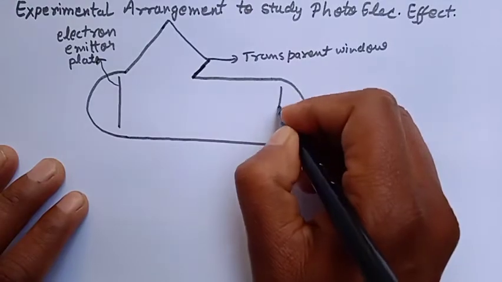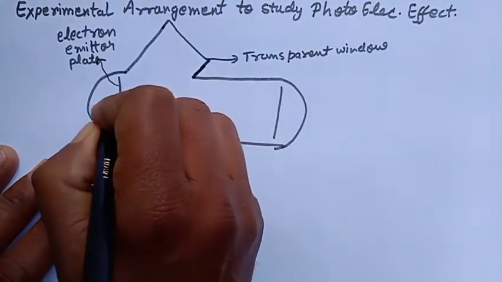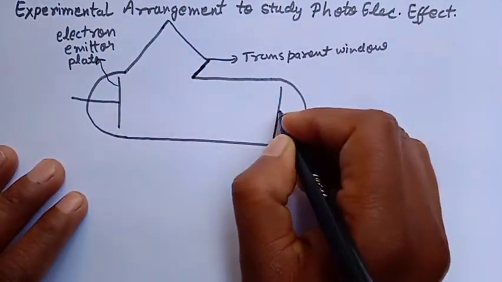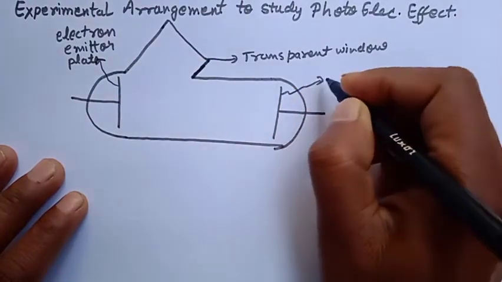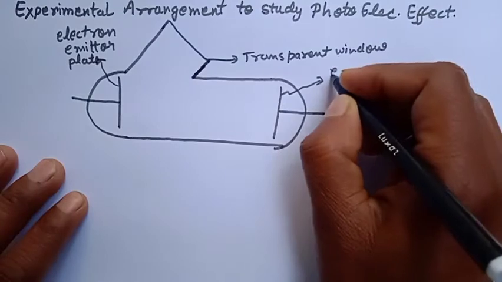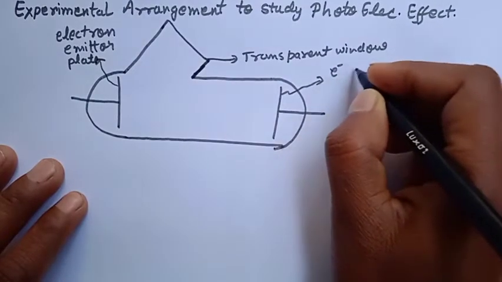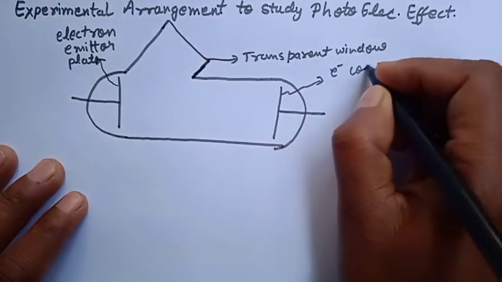And here another plate, connected to some wire, called the electron collector plate.